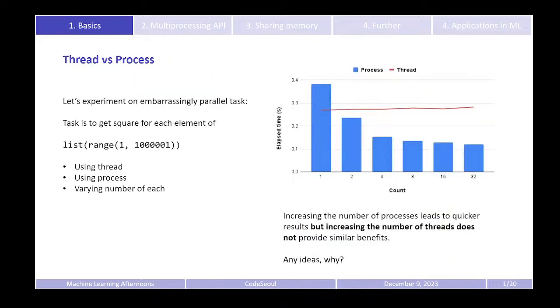Another thing to note from this experiment: before our experiment, we might have thought that if we increase the number of processes, our time will decrease in a linear way, for example.